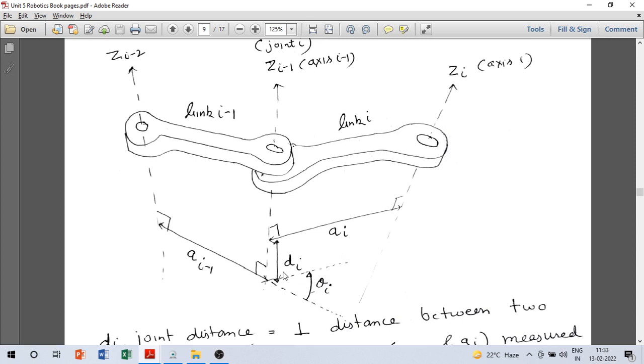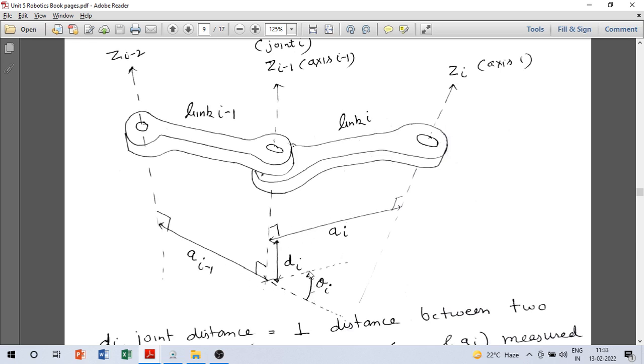And just based on the figure, I hope you get a sense. If it is a revolute pair, there is going to be rotation about axis I minus 1, and based on that, this angle theta I. What is this angle theta I? Theta I is the angle between this A I minus 1 direction and A I direction.